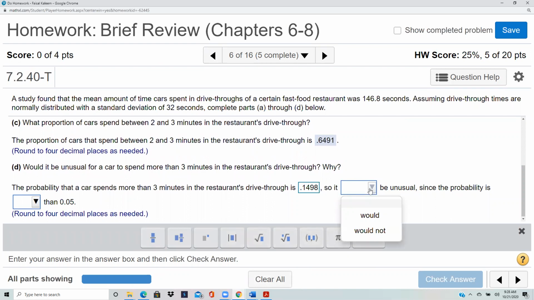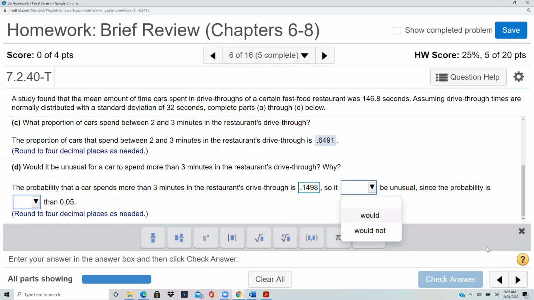So is this unusual or not? 0.1498. What's our benchmark for the unusual?